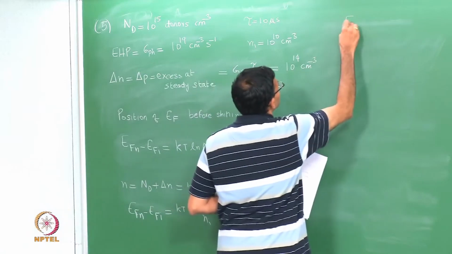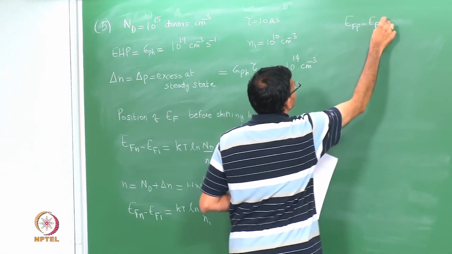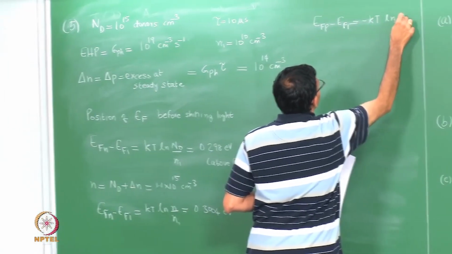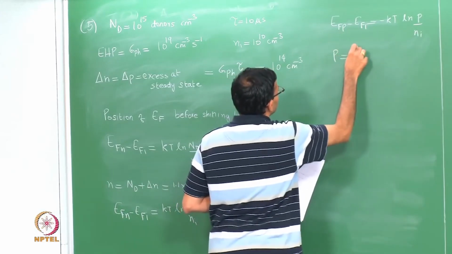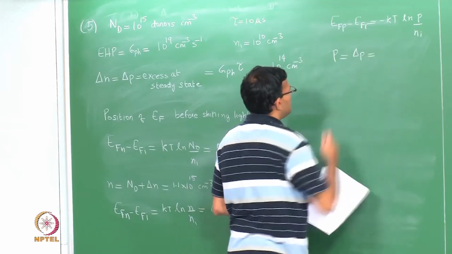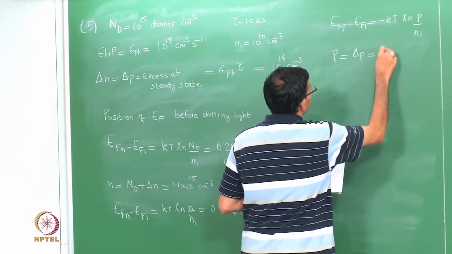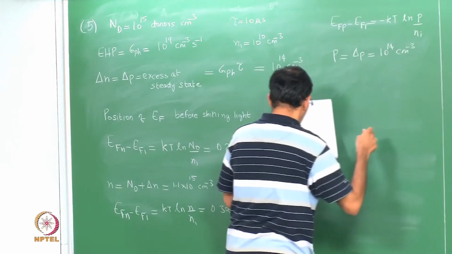EFp minus EFi is minus kT ln of P over Ni, where P is delta P, which is the excess carriers that are generated. This is equal to 10 to the 14 per centimeter cube.